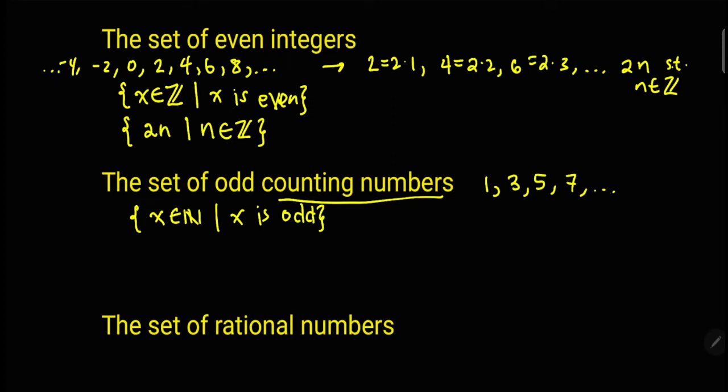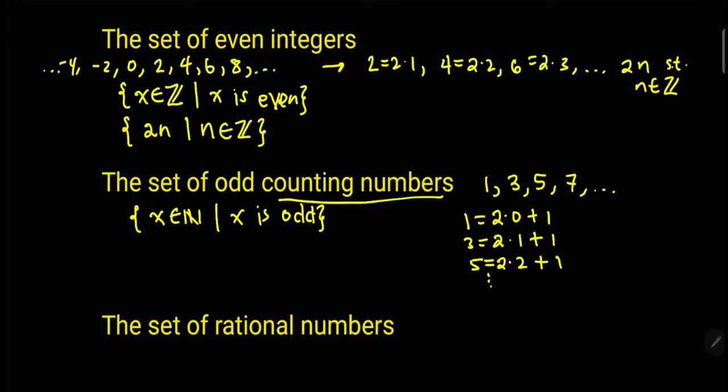But of course, we can also use the formula for the odd counting numbers. Since 1 can be written as 2 times 0 plus 1, and 3 can be written as 2 times 1 plus 1, 5 can be written as 2 times 2 plus 1, and so on.